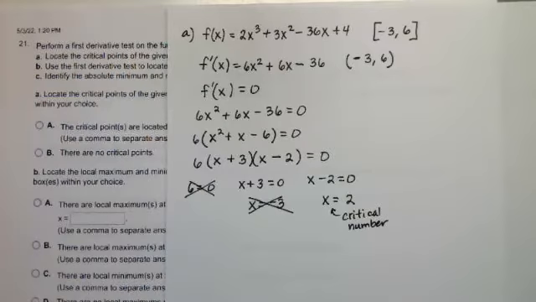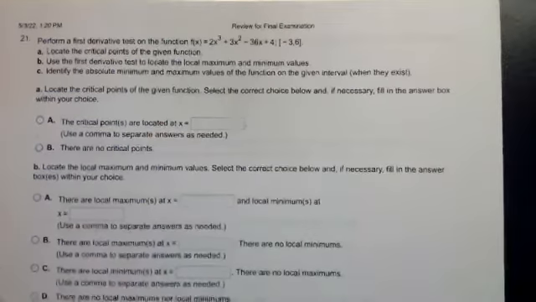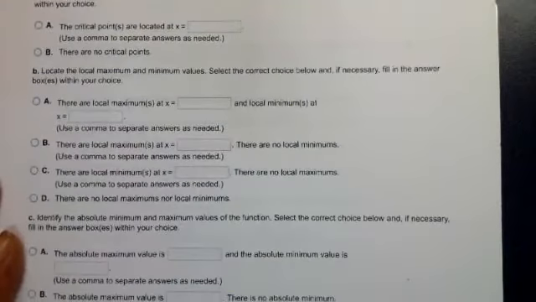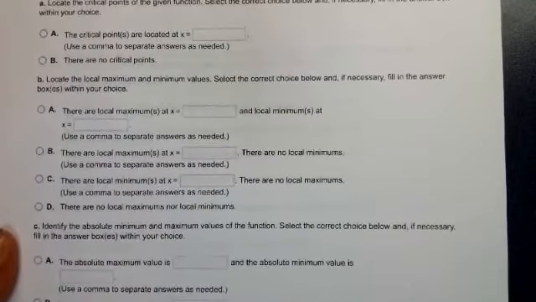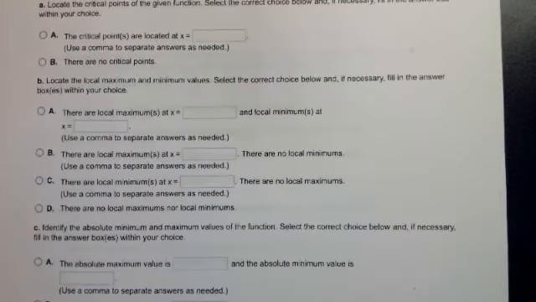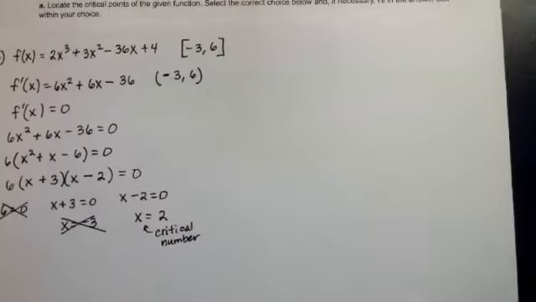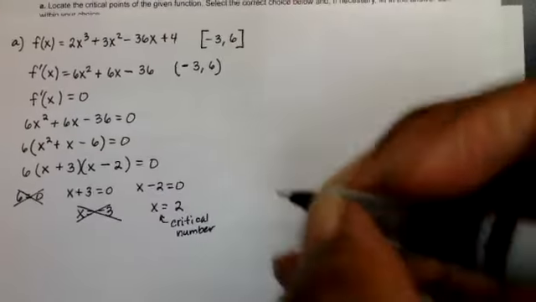All right, but I am going to use that x equals -3 to determine whether I have a local maximum or a local minimum, because that's going to be part B: locate the local maximum and minimum values. So I'm going to do part B over here.